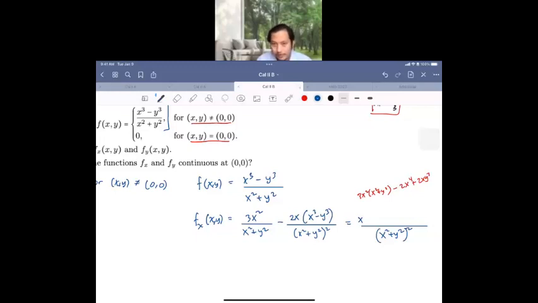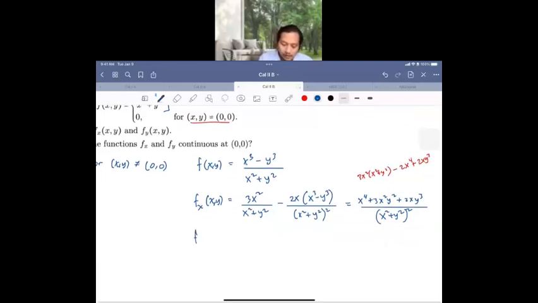So we could have 3x to the 4 minus 2 is 1, right? And then plus y squared x squared plus 3x squared y squared plus 2xy cubed. Okay, that's the partial x.